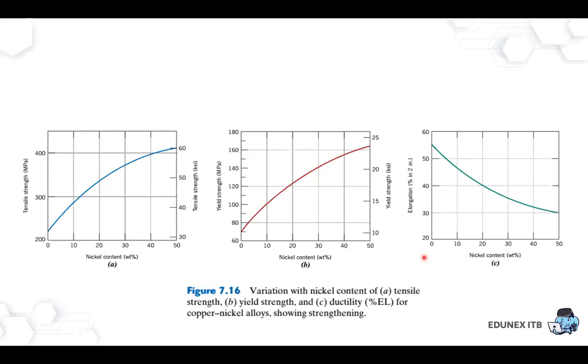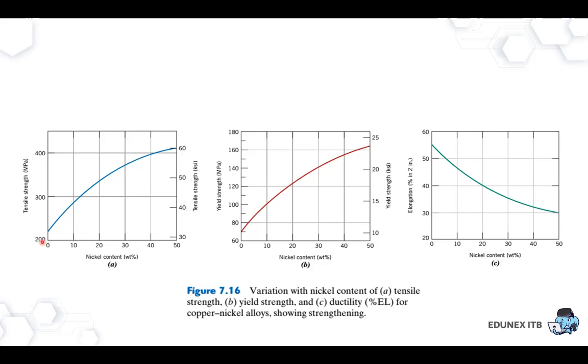Okay, so here we can see that it is really quite common when we have copper nickel. When we increase the nickel content, the tensile strength will increase, as well as the yield strength. This is similar. The difference is actually the numbers, or the amount.